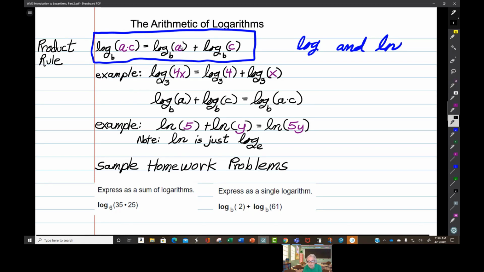If you have log base b of a plus log base b of c, then that's going to equal log base b of a times c. So an example of that is, suppose you have the ln, because this is true for all logs. If you have the ln of 5 plus the ln of y, then that's going to equal the ln of 5y. So either way you do it.